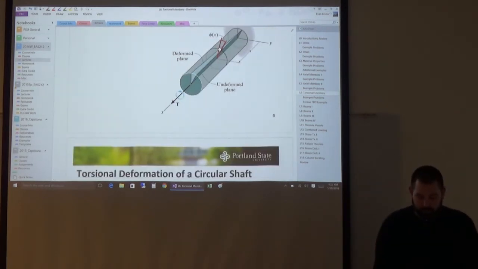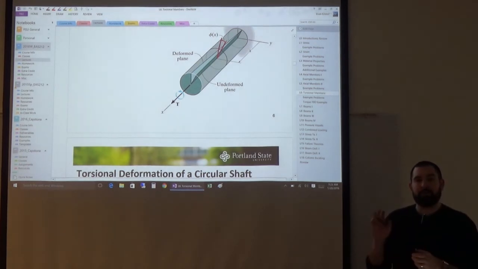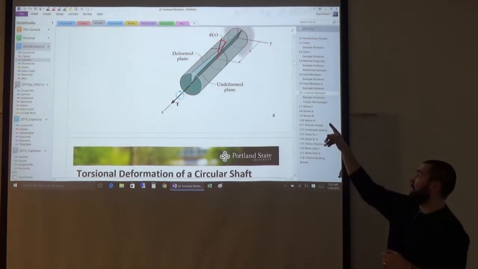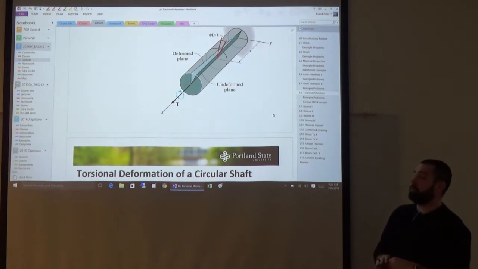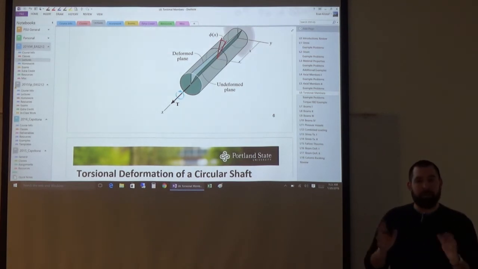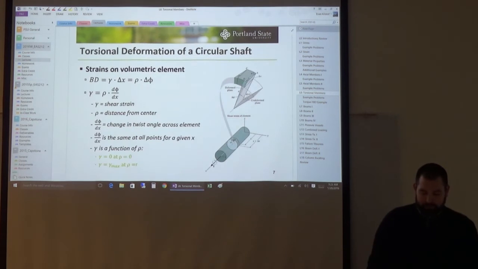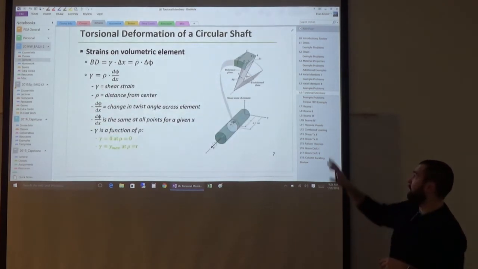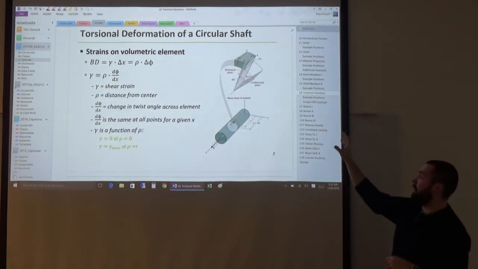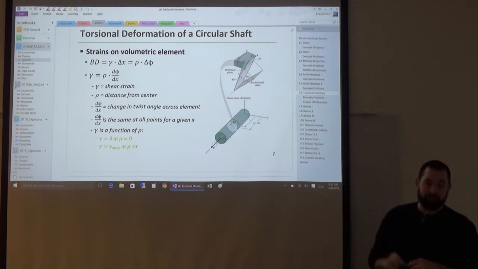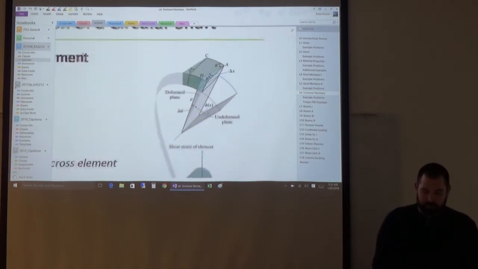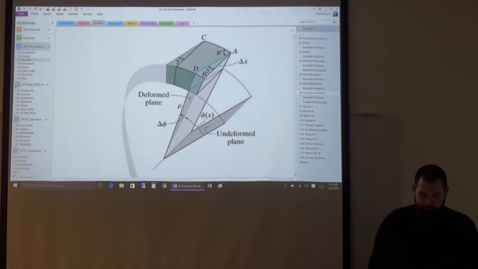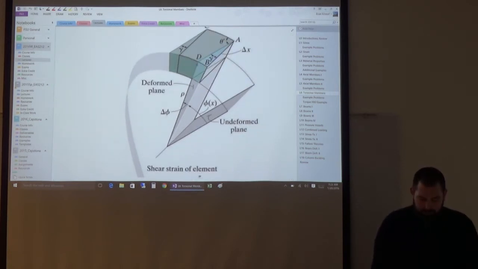But the other part is also trying to find the shear strain, which is not exactly the same thing as the angle of twist. So they're both angle measurements, but we need to look at a little bit more detailed diagram to try to figure out how the angle of twist relates to the shear strain. And so looking at this very closely, zoomed in a bit, the angle of twist is measured relative to the center of the cross section.